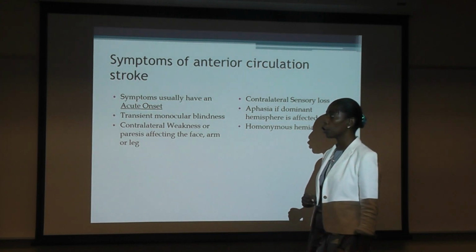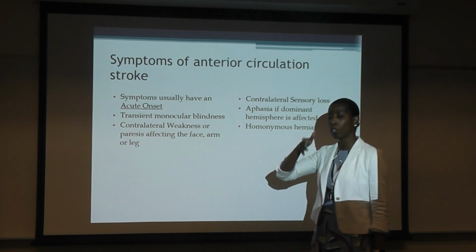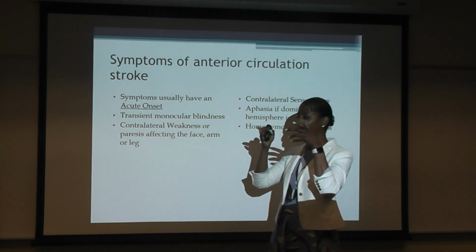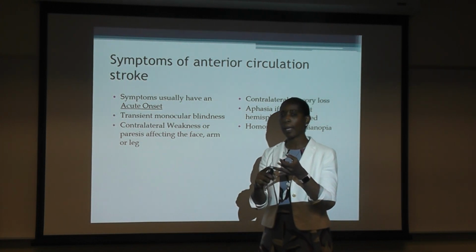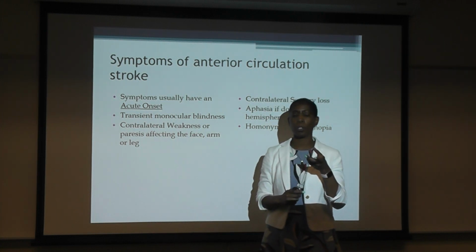Symptoms: anterior circulation. Any area in the anterior circulation can cause it. Remember, the anterior circulation is the two cerebral hemispheres. Remember that circle of Willis we talked about, the MCA, the ACA, the ACOM, or the PCOM, that's all anterior circulation.